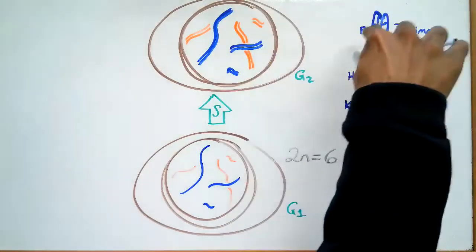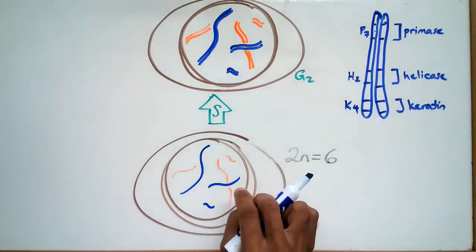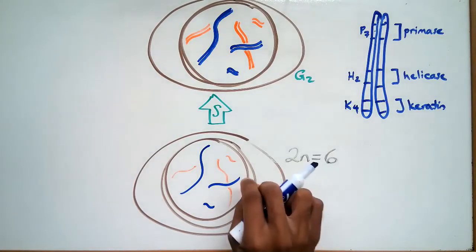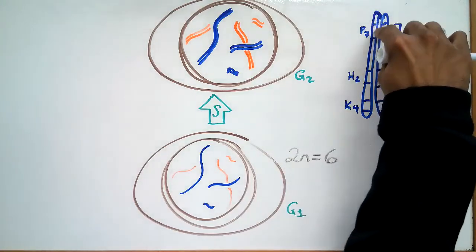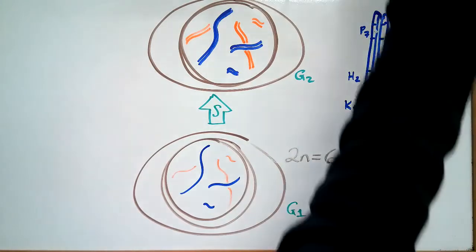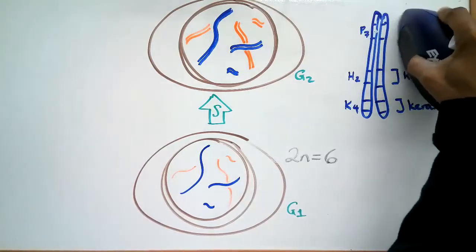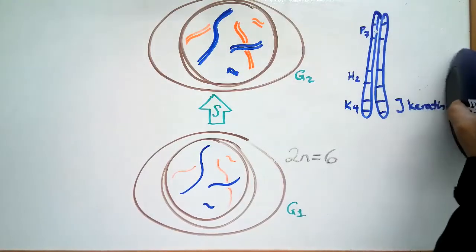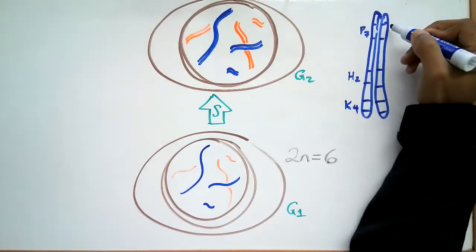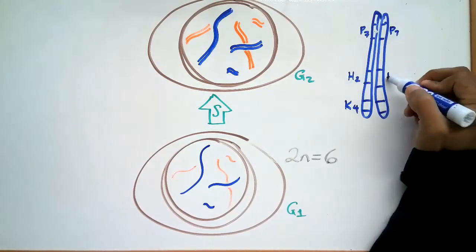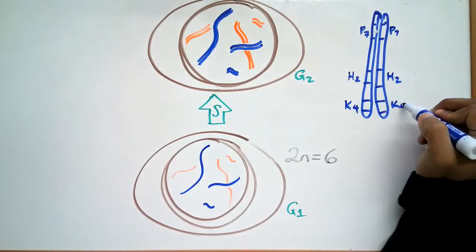Well, this other copy of chromosome 2, it's going to be exactly the same, because during S phase, we precisely replicated every single nucleotide of DNA. So when we copied this, we got the same allele for primase, the same allele for helicase, and the same allele for keratin, whatever those might be. So I'll just write those in, P7, H2, K4.